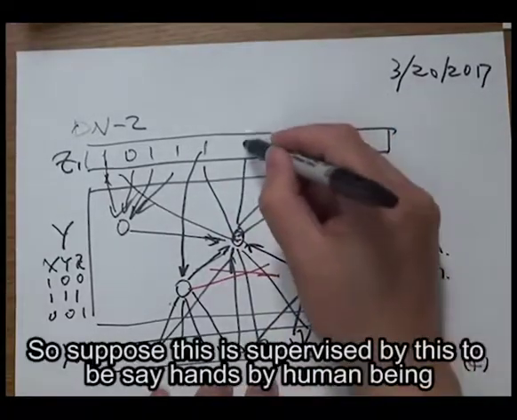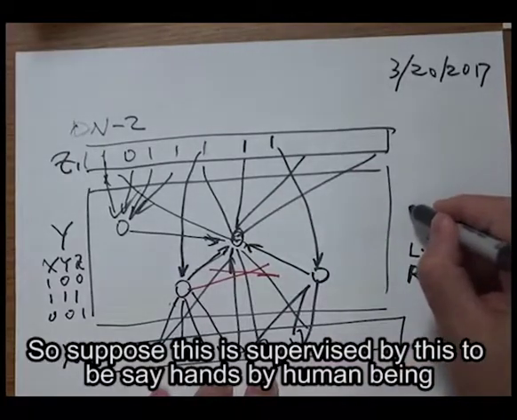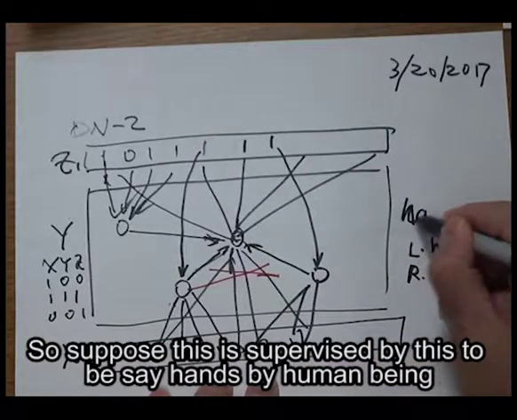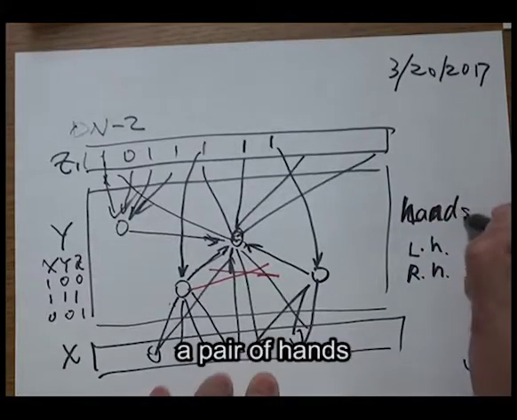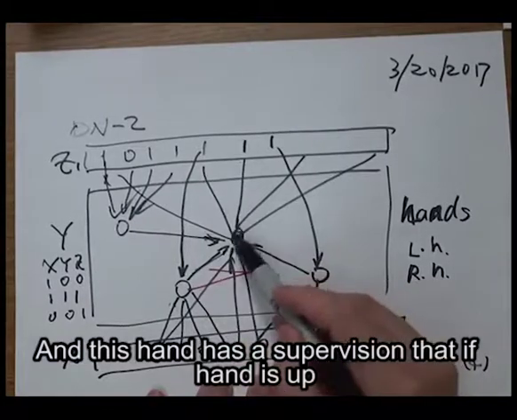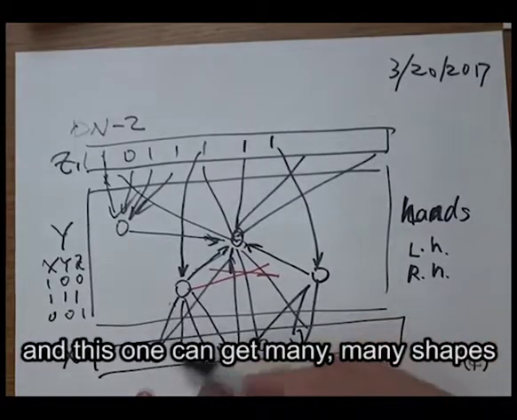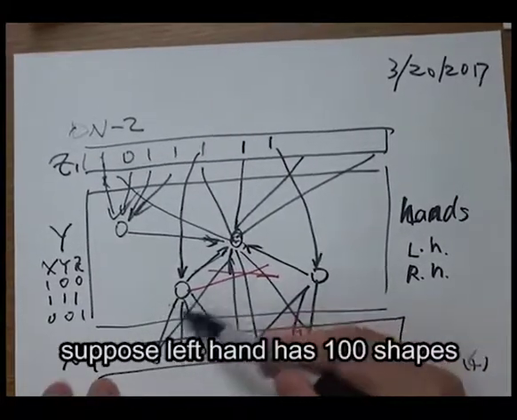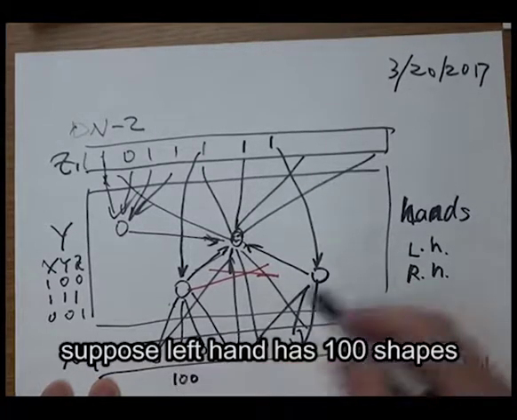So suppose this is supervised by this to be, say, hands by a human being, a pair of hands. And this hand has a supervision. If hand is up, and left hand is there, right hand is there, and this one can have many shapes. Suppose left hand has 100 shapes of appearance.